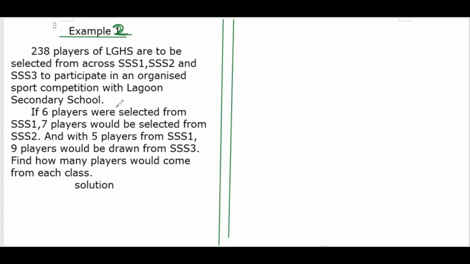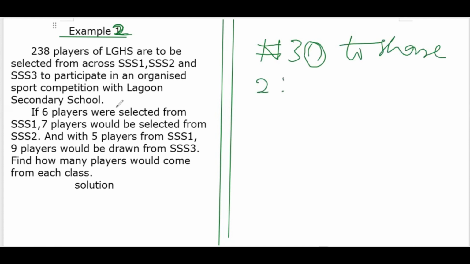If, for example, you are given that 3 boys were given 30 naira to share in the ratio 2:1:3, and they now ask you, who got the largest share?